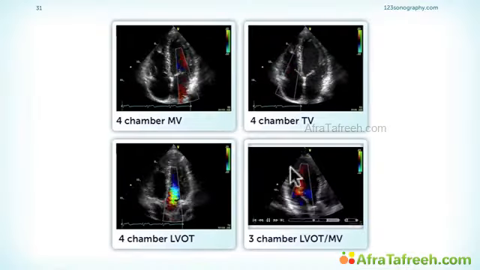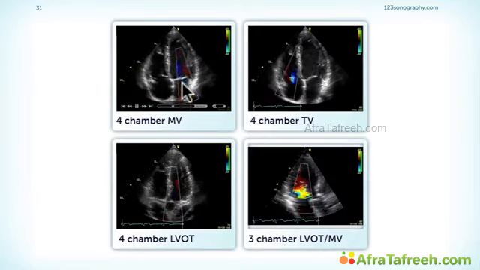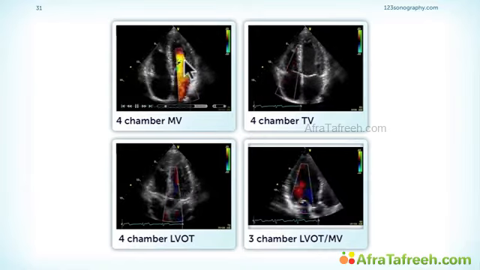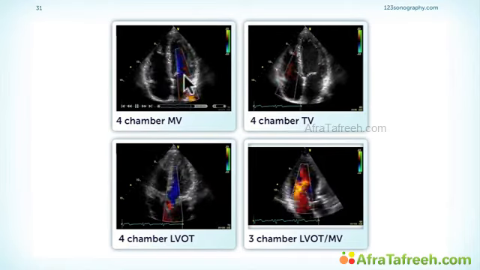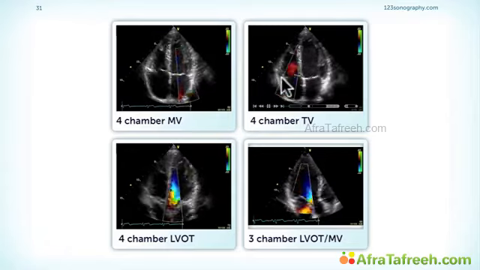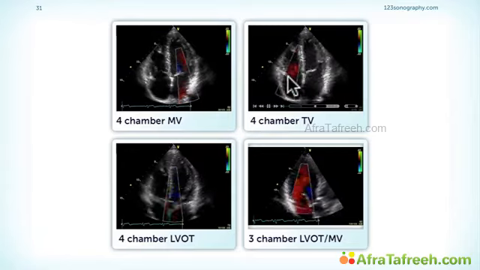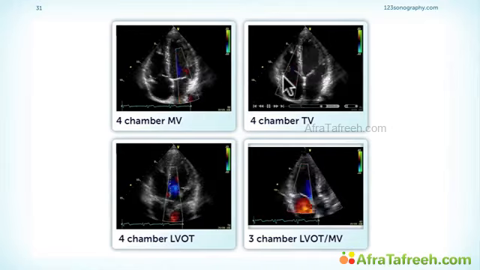Some more examples now from an apical window. The mitral valve, assessment of mitral regurgitation. The tricuspid valve, assessment of tricuspid regurgitation.